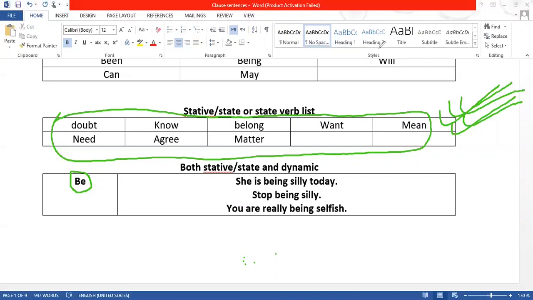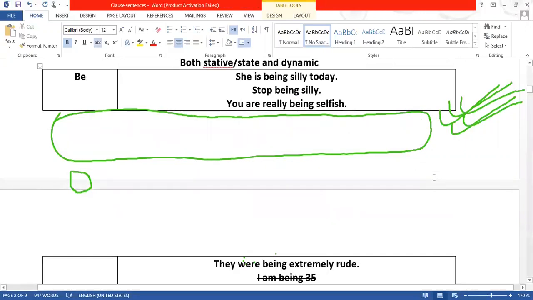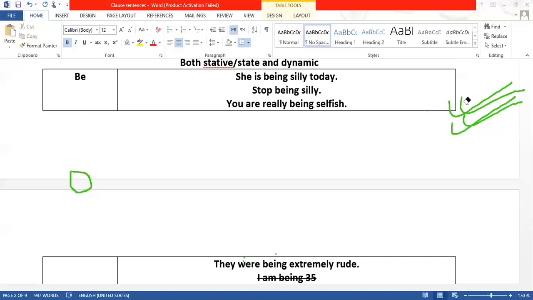Like, for example, how it works is that there are certain verbs that can be dynamic, action verbs. For example, this be we talked about, that it is a state verb, but sometimes in a different way it can work as an action verb.